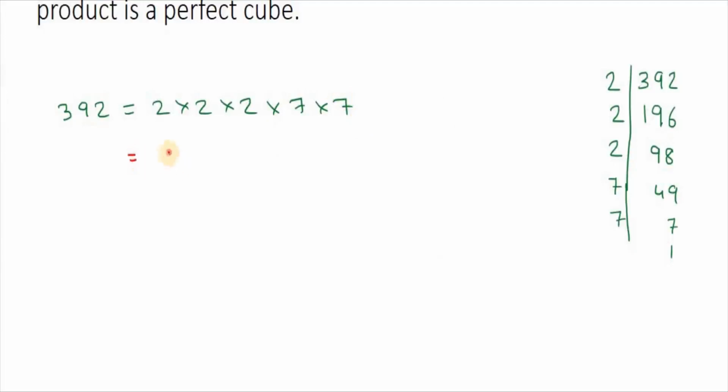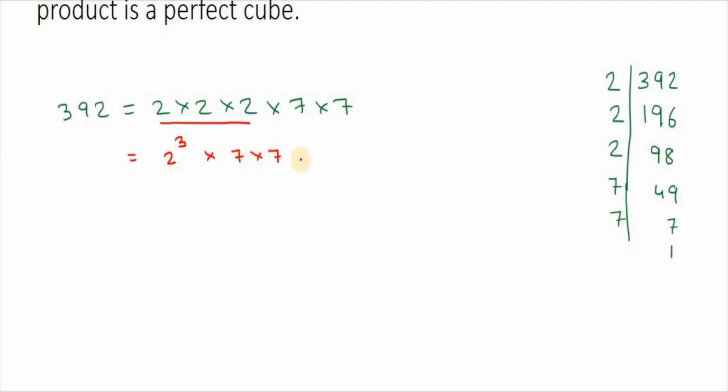Now, 2 comes 3 times, so that is 2 cubed, which is done. But we have only 2 sevens, 7 into 7. So the question is, is 392 a perfect cube, and if not, find the smallest number by which 392 should be multiplied to make it a perfect cube.